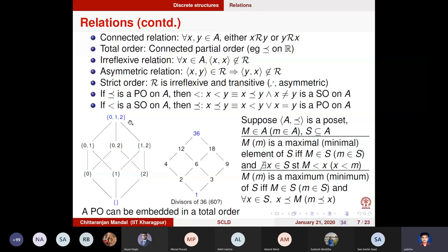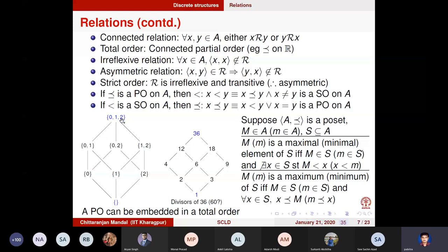Let's consider the elements of the power set of this set. The power set of a set, as I have said before, is all subsets. So null is an element of the power set, all these singletons are elements of the power set, all these 2-element sets are elements of the power set. So my A, or the set over which I define the partial order, is the elements of the power set, or all possible subsets of the set 0, 1, 2.